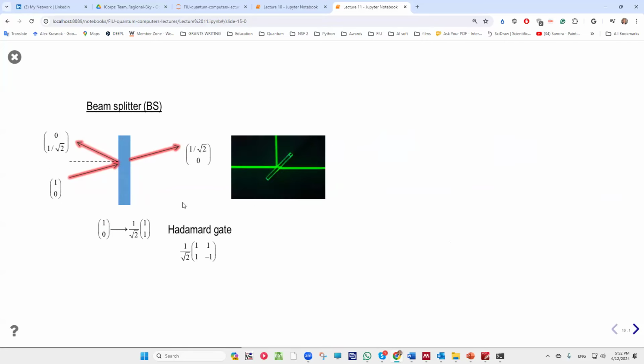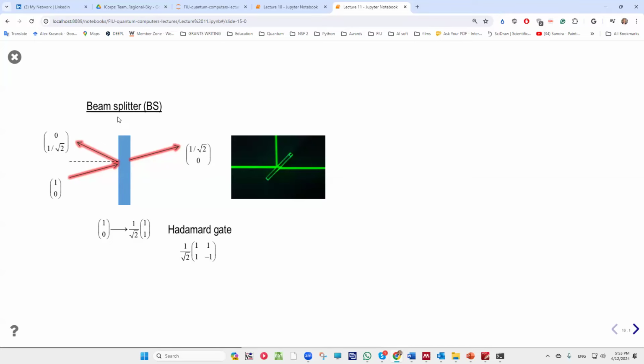Of course, for computing, we don't use the window, right? We use something more interesting, the element which is called a beam splitter. A beam splitter works just like a window, but it creates the perfect, balanced superposition of 1 over square root of 2 probability amplitude for the photon going to the right, and exactly the same for the photon going to the left.